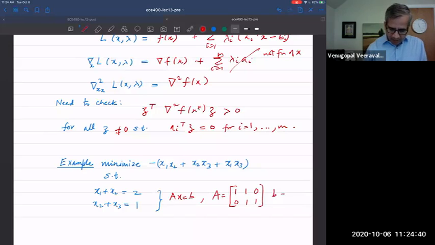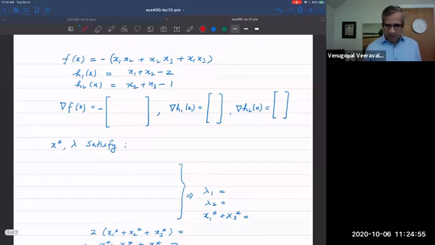And then b equals 2, 1. So I can write these linear constraints as A x equal to b with this matrix A and this vector b.